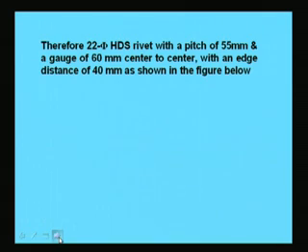So, in conclusion what we can tell is that we can provide 22 diameter hand driven soft rivet with a pitch of 55 mm and a gauge of 60 mm center to center with an edge distance of say 40 mm as shown in the figure.